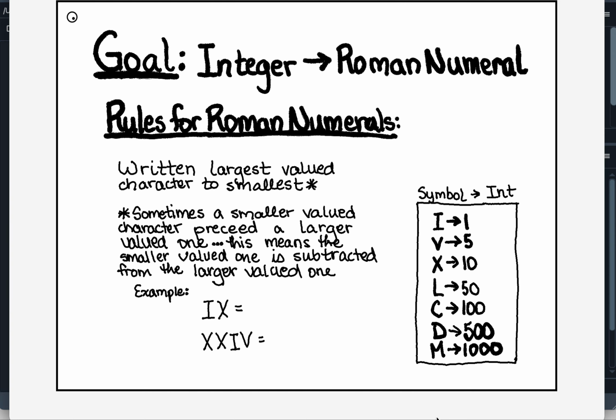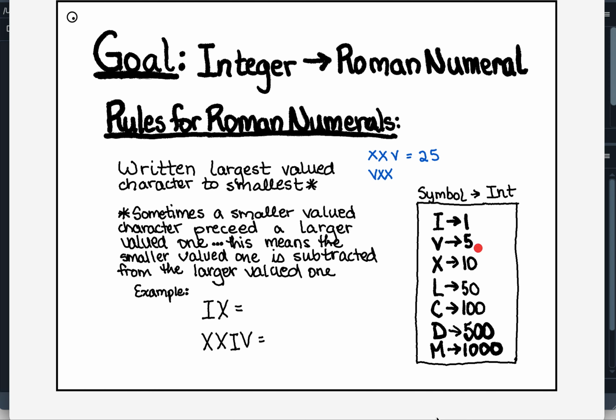So in our previous example, we used XXV is equal to 25, as opposed to VXX, where V is a smaller value character.